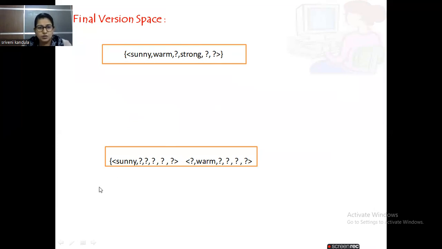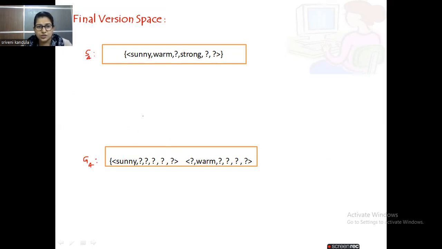So now we should make a little more modification to the version space. In the version space, we will compare the specific boundary with the general boundary. First let us take the first hypothesis in the general boundary. Let's compare sunny and sunny, matching.